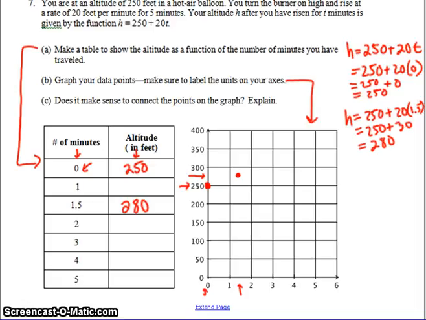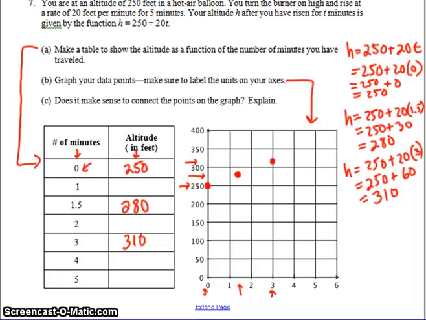I'm going to put that right there for my next one. One more, I'll do 3. H equals 250 plus 20 times 3. 20 times 3 is 60, and that's 310. 3 is here. 300's here. 310 is probably about right there. And there's my next point.